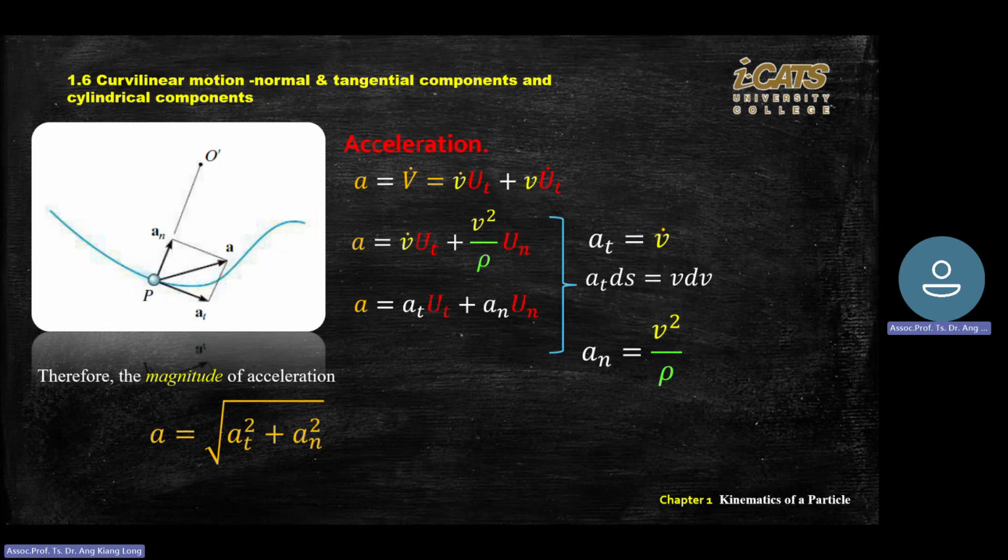A equal to AT UT plus AN UN. Just remember, acceleration has tangent and normal components because you are focusing on the object. So you write AT UT, where UT is the unit of tangent direction, plus AN UN, where UN means the unit in the normal direction.